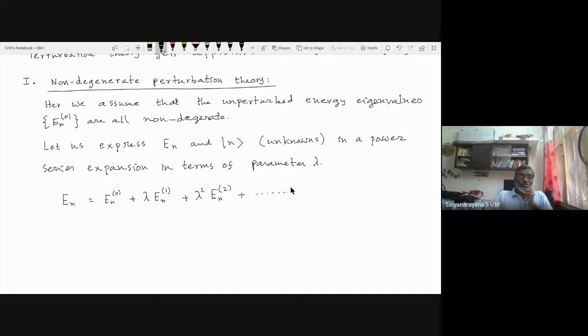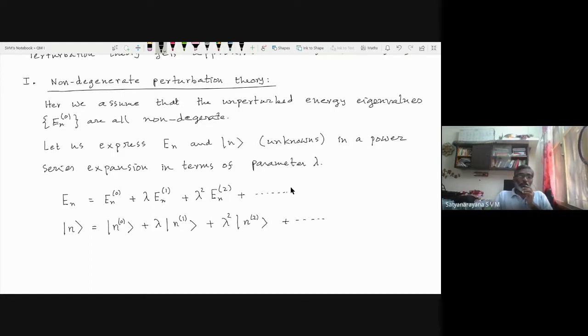This is an infinite series. Lambda is small and hence we expect that it will converge. But you will see that this issue of convergence is not very serious for us. And then we write this state n as n0, the unperturbed state, plus lambda times the first order correction for the state n1, plus lambda square times the second order correction n2 and so on.